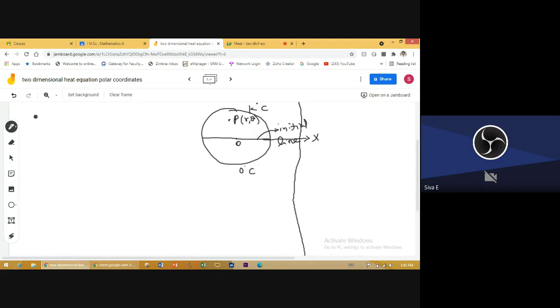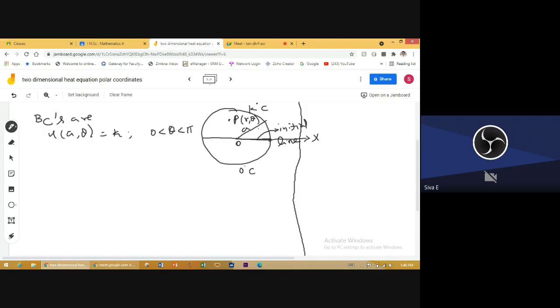So what are the boundary conditions? Write down. Boundary conditions are u of a comma theta. What is u of a comma theta? A is the radius, na? Find the steady state temperature in the circular plate of radius a. So A is the radius here. u of a comma theta is k, where 0 less than theta less than pi.